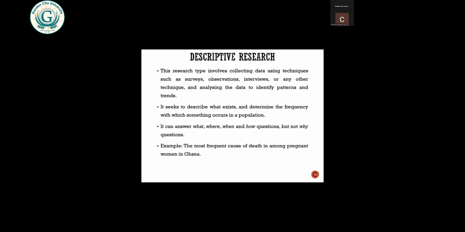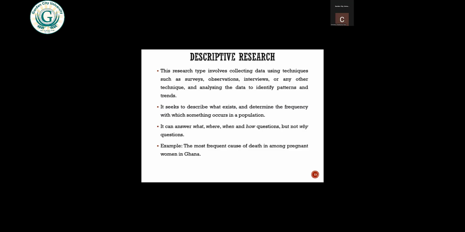What else can kill them apart from anemia? It can also be heavy bleeding. What else can kill a pregnant woman? Malaria. It can also be malaria. So when you are looking into the most frequent causes of their death, that is a descriptive study.